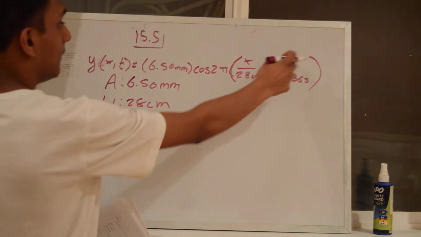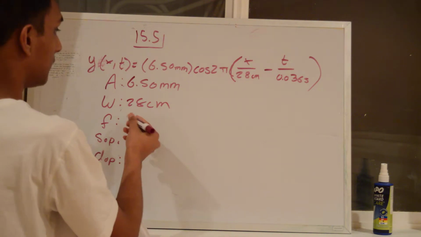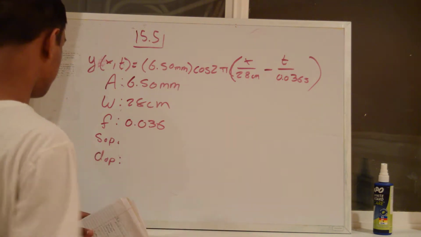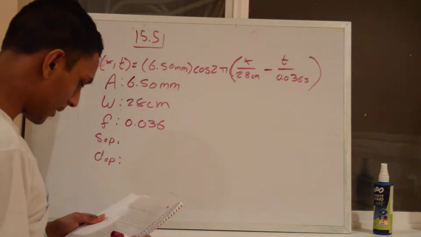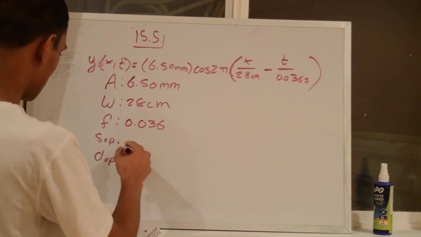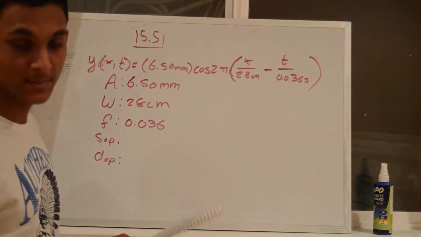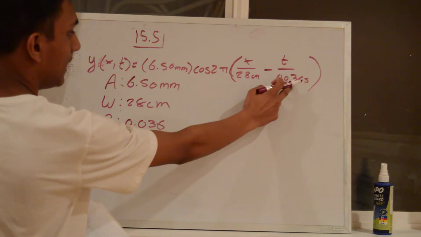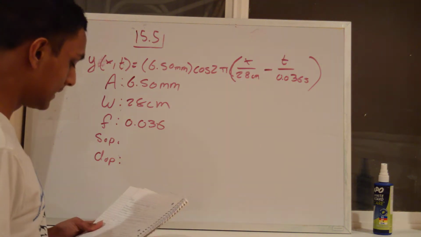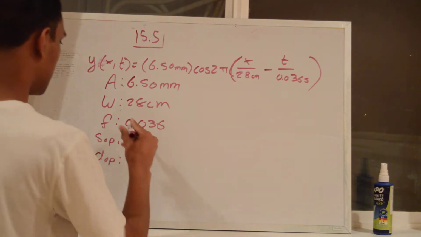The frequency is what's given underneath your time variable. So we have 0.036. Now the speed of propagation, to find that, all we need to do is... Actually, hold on, I made a slight mistake here.